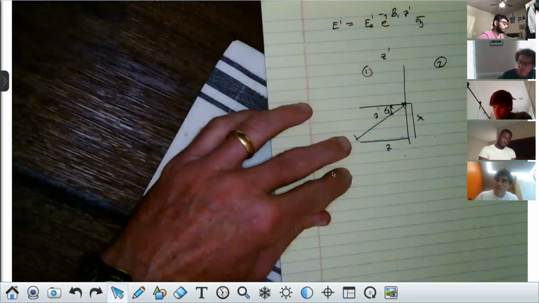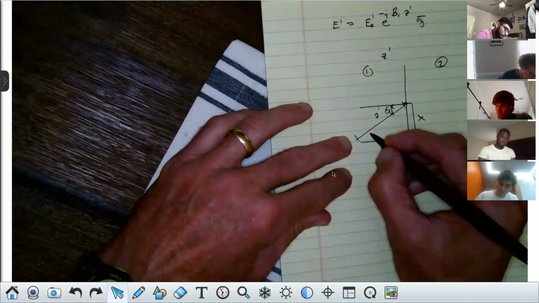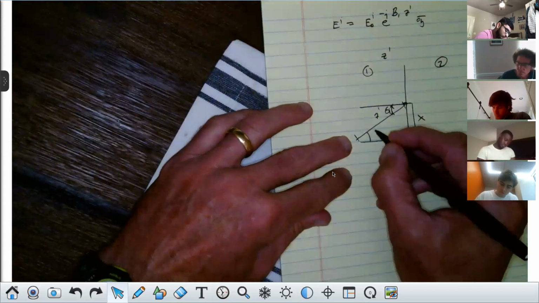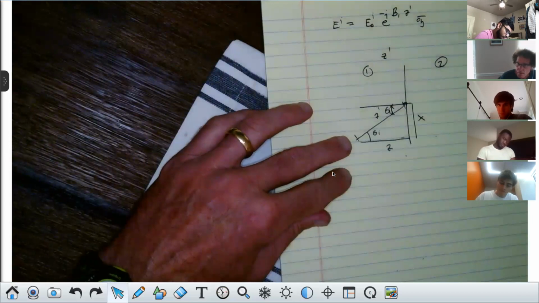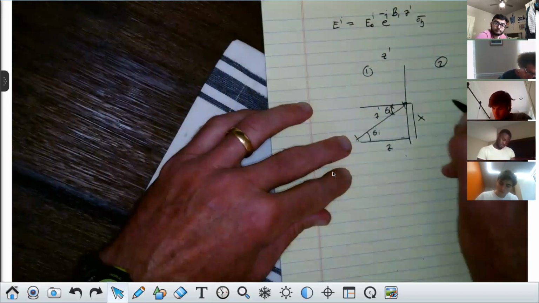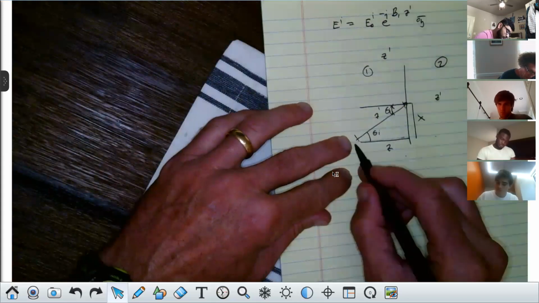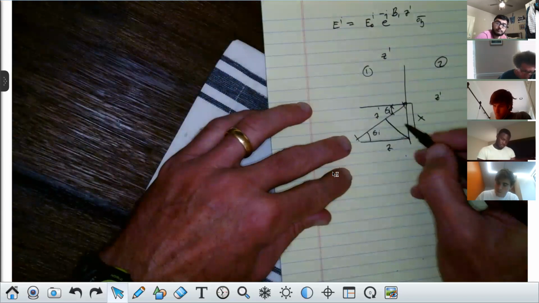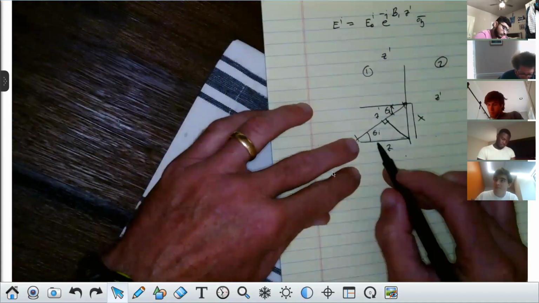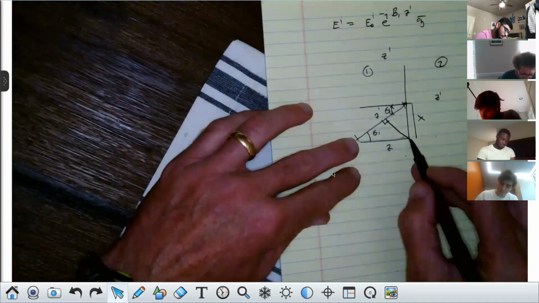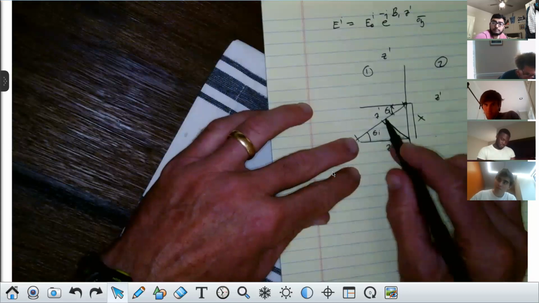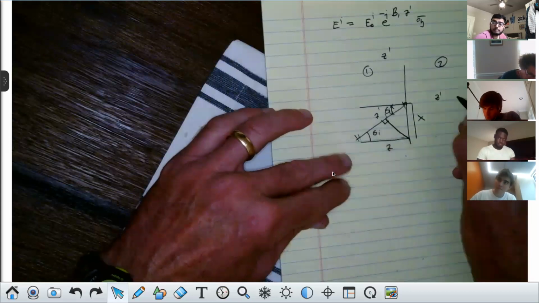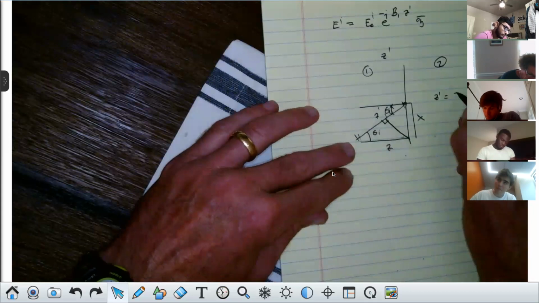Because of opposite interior angles, this is the same angle, doesn't it, class? Now please watch this and it'll make sense. When I look at z prime, this is going to be a right triangle. If I take the cosine of this angle, it would be the length from here to here. So I could say it's equal to z times the cosine of the incident angle.